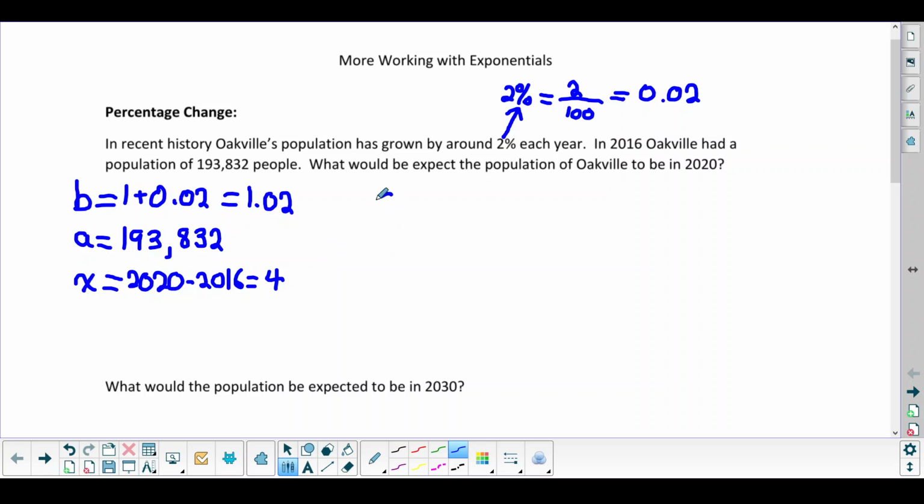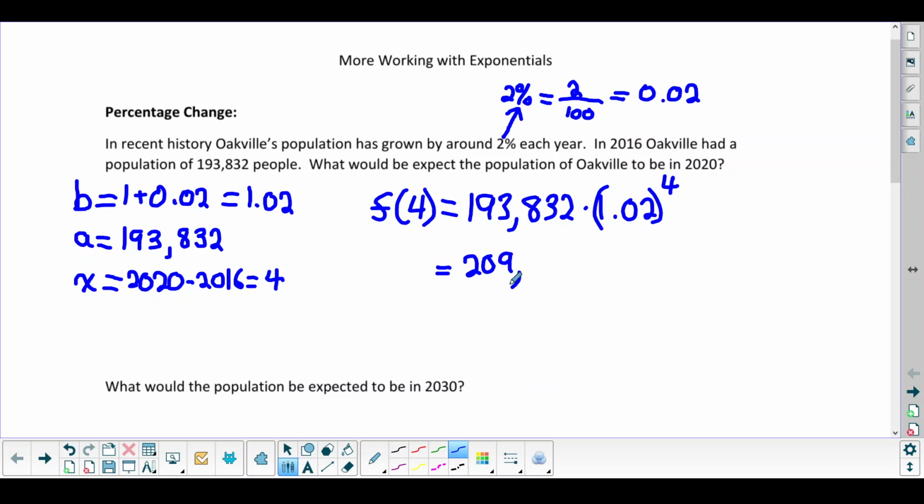All right, so now we can find the current population. So the function of 4 is equal to our initial amount. We're just plugging into the general equation now, times our growth, 1.02, to the power of x, which is 4. We could take out a calculator and calculate that, and we get 209,810 once we've rounded. So that's the approximate population, at least during 2020.